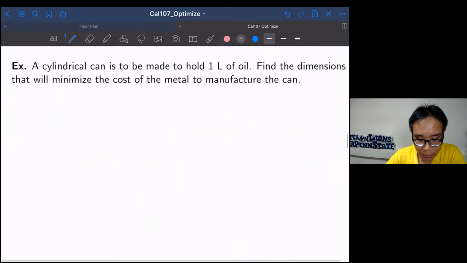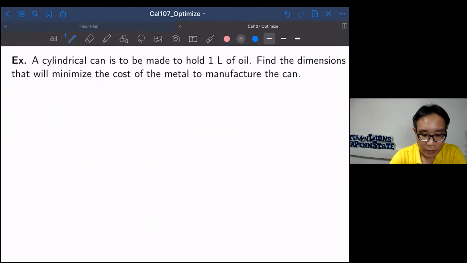The next one, you get a cylindrical can that is to be made to hold 1 liter of oil. So you need 1 liter of oil and you get a cylindrical can. You first draw a picture.